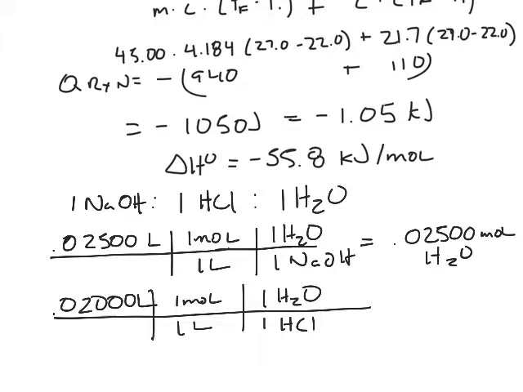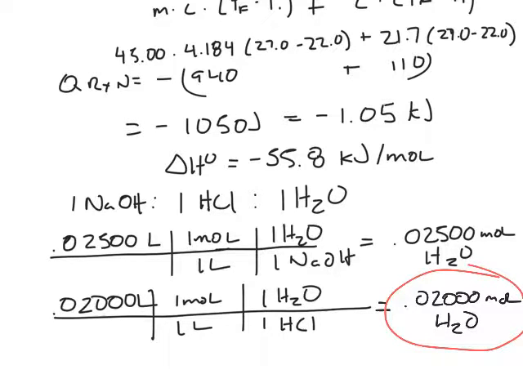Since everything is 1 to 1, whichever one we used less of is the limiting reagent. So under our conditions, we would have expected to have made 0.02 moles of H2O. So now we can calculate kilojoules per mole and compare that to the accepted answer.